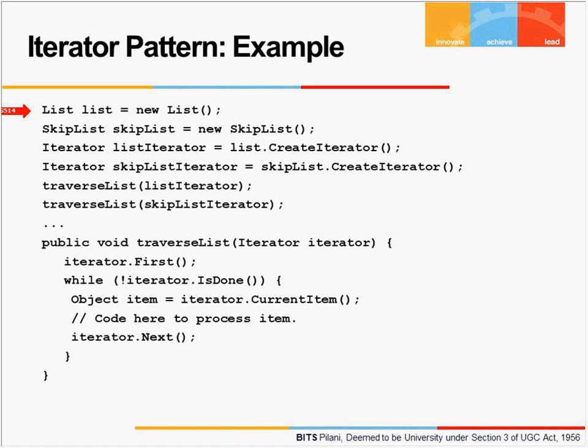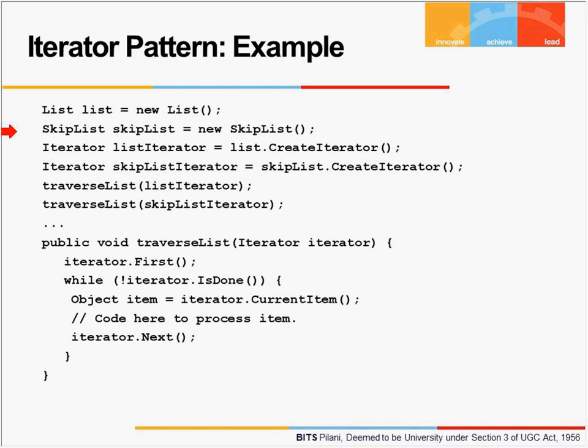I have a list object and a skip list object. Each of them is an aggregate, and it implements the aggregate interface. Then assume that objects are added into this list as well as the skip list, and I want to iterate over them. How will I iterate it?